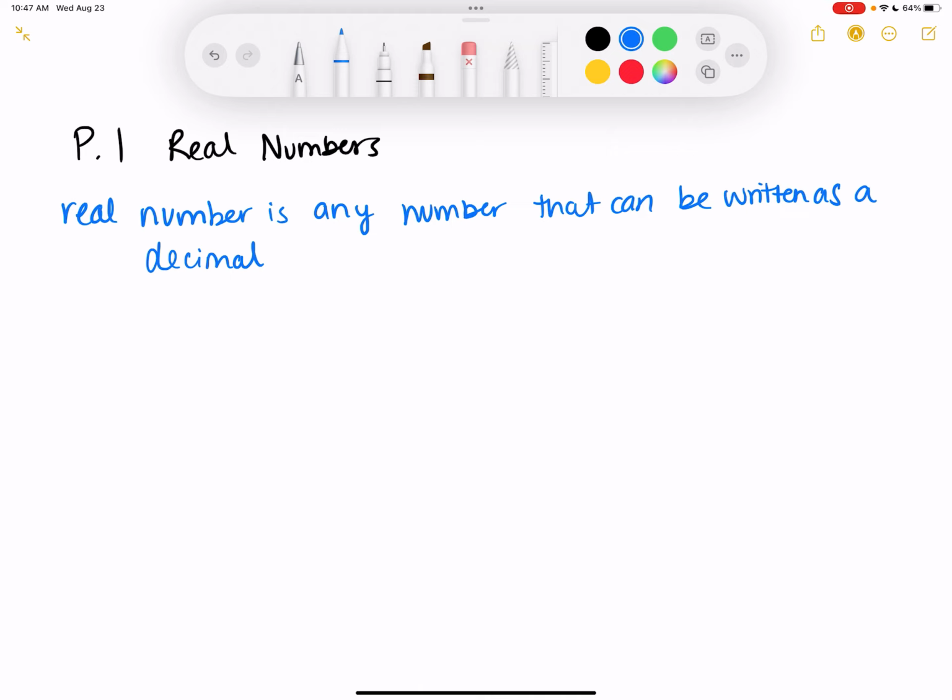So that can be like 1.000, like that can be written as a decimal. That's why it says it like that.